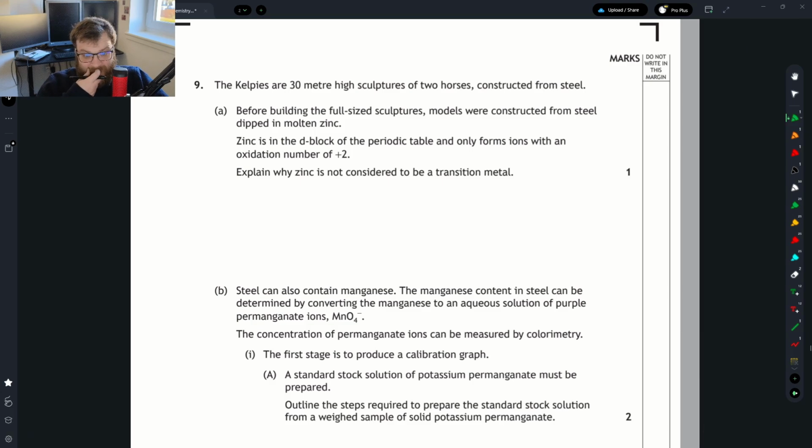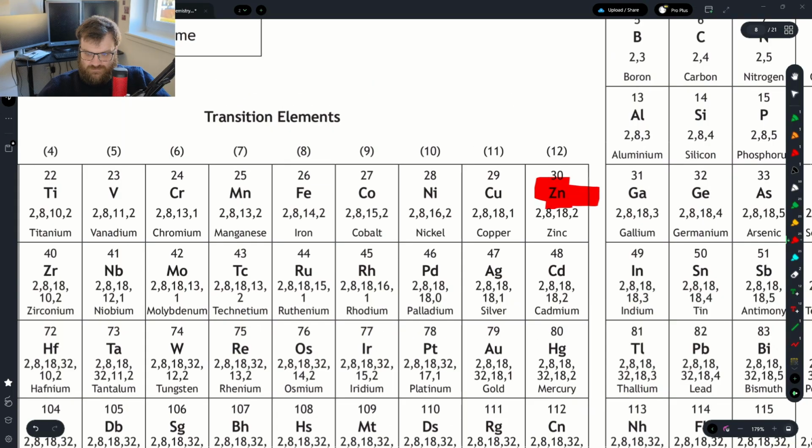Why is zinc not considered a transition metal? Now, zinc and scandium are not considered transition metals because they need to have an incomplete d subshell in at least one of their ions. Zinc has 30 electrons.